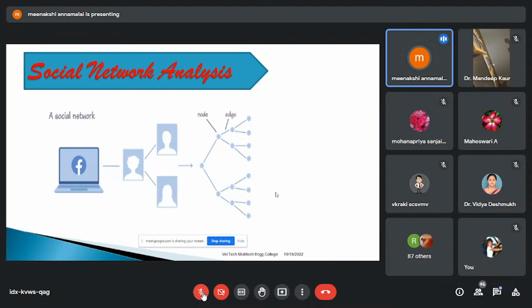So within a fraction of a second it will reach all, the maximum number of the population. And nowadays this social network plays an important role in spreading behavior, activities and diseases also.